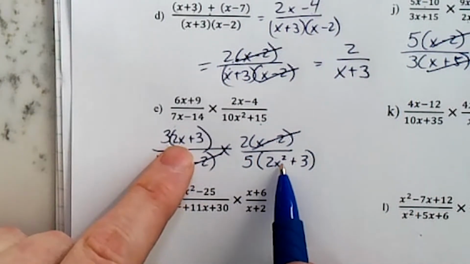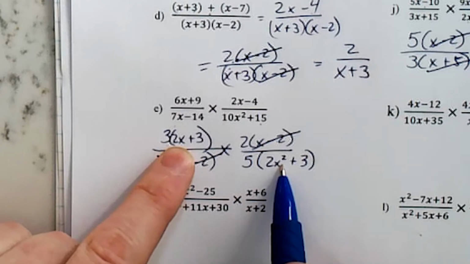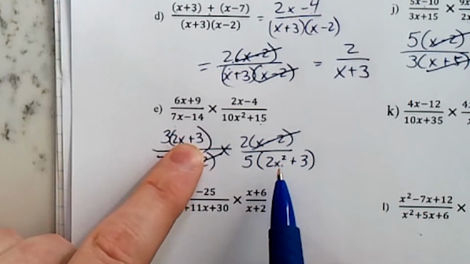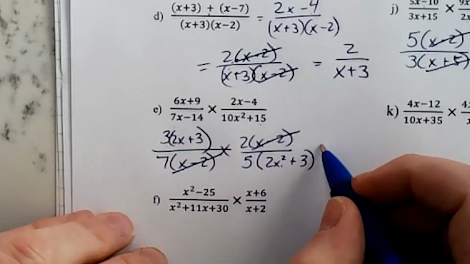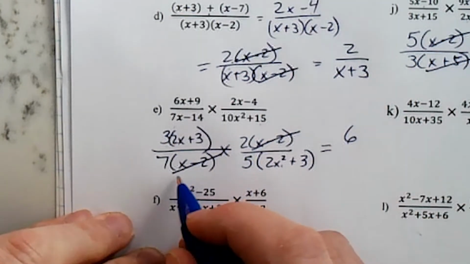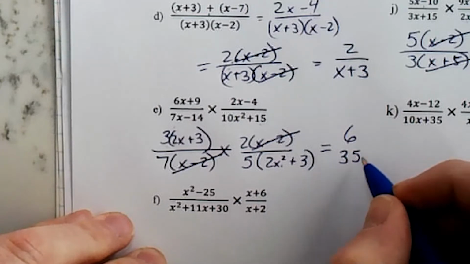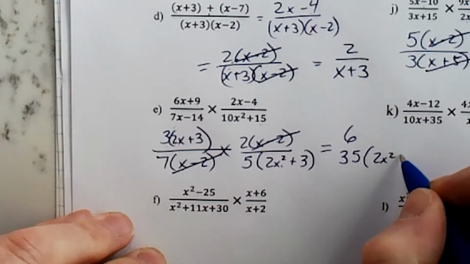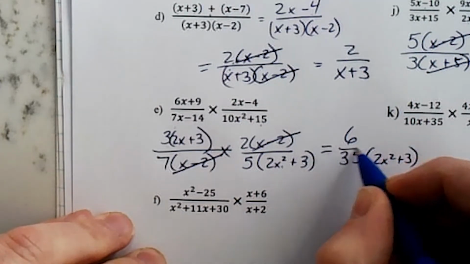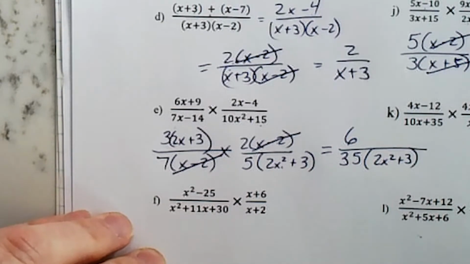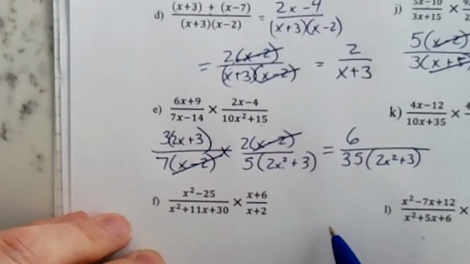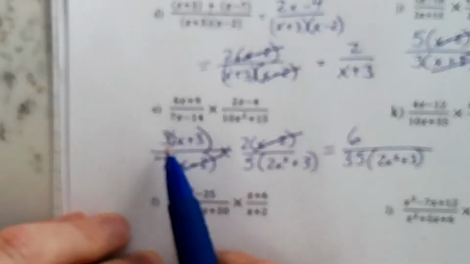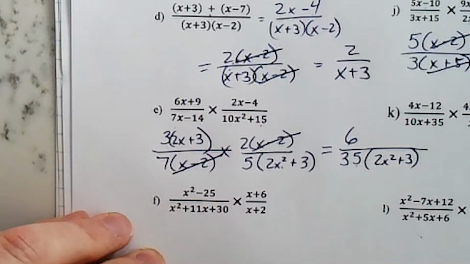And this one, be careful, this one's squared. So we can't cancel with this one, even though it starts the same way. So I've got 3 times 2 on top, 7 times 5, like that. Nothing goes into 6 and 35. I can take a look at the smaller numbers. Nothing is common.